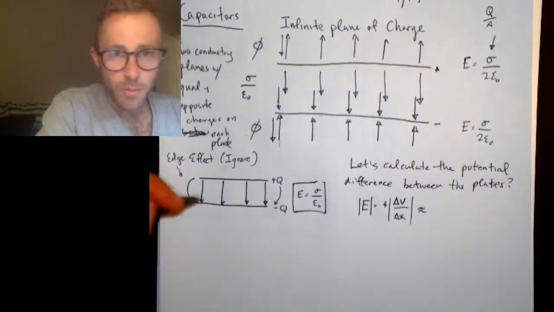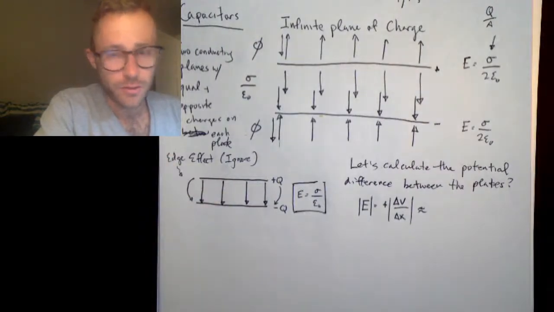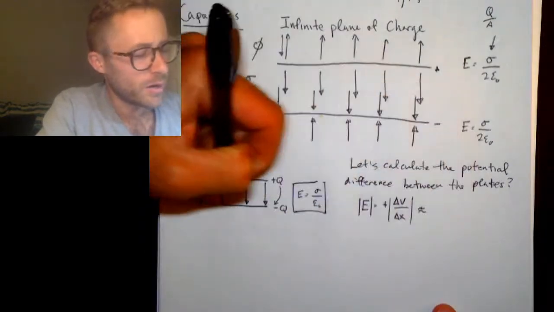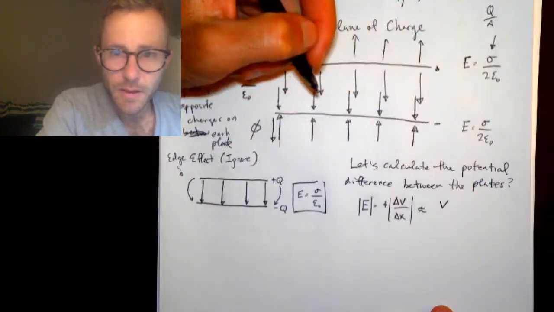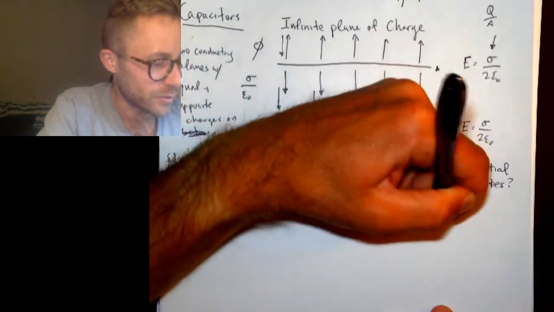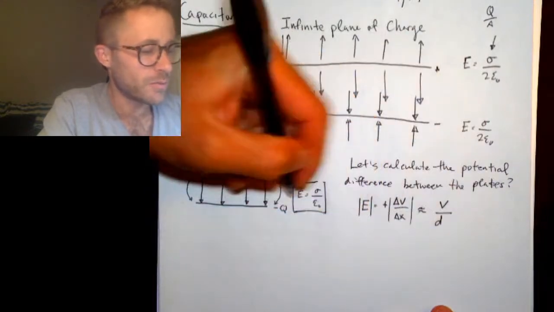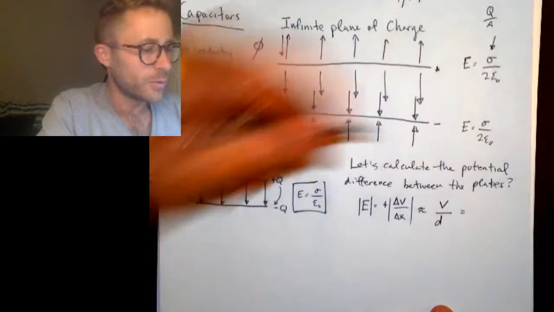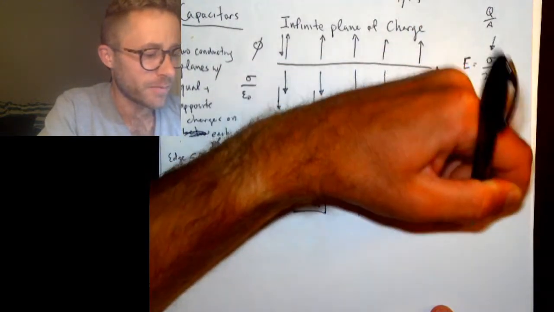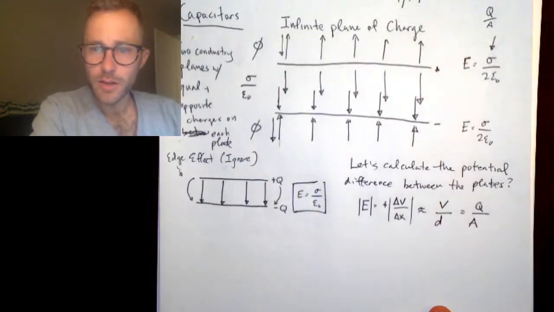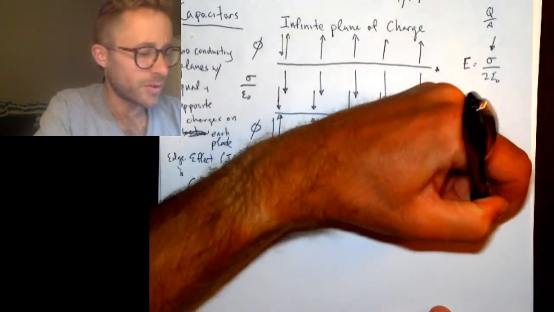But for the most part, it's approximately constant between the plates. So this is going to be the potential difference between the plates divided by the distance between the plates. And that's equal to the magnitude of the electric field, which is sigma, charge per area, divided by epsilon naught.